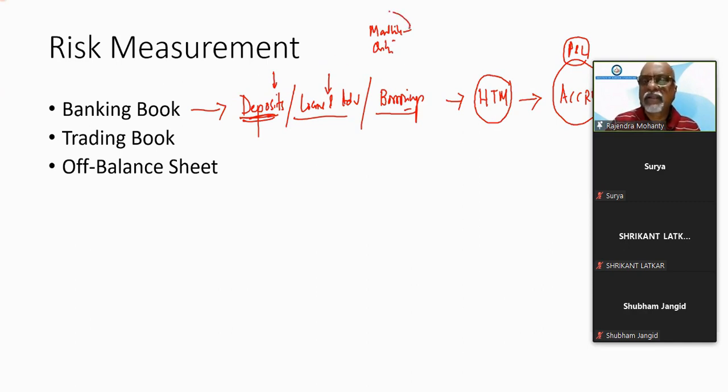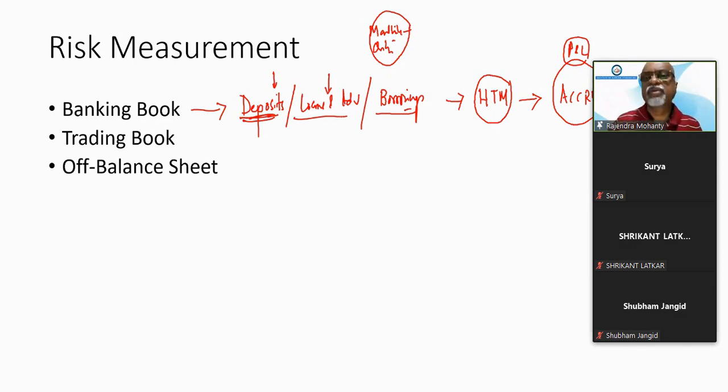Like this, the interest will be adjusted to the P&L account when the interest accrues. Or suppose the depositor wants to prematurely withdraw the entire deposit. On that day, we will adjust that interest from the P&L account: we will debit P&L and credit the depositor.